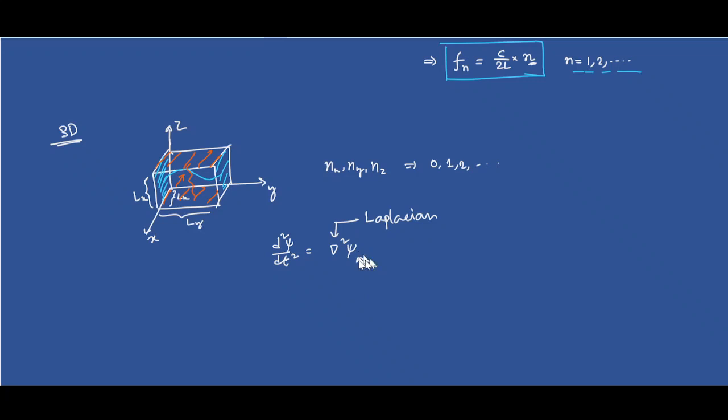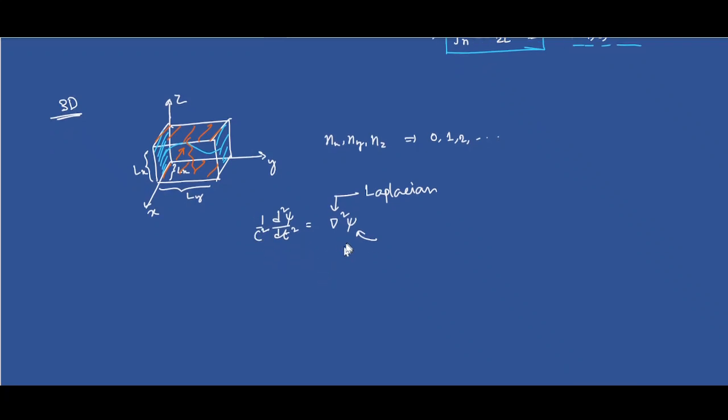This is the wave equation. So there will be velocity, I missed it, and it will be 1 over c squared times the second time derivative of psi. Let me write it here.